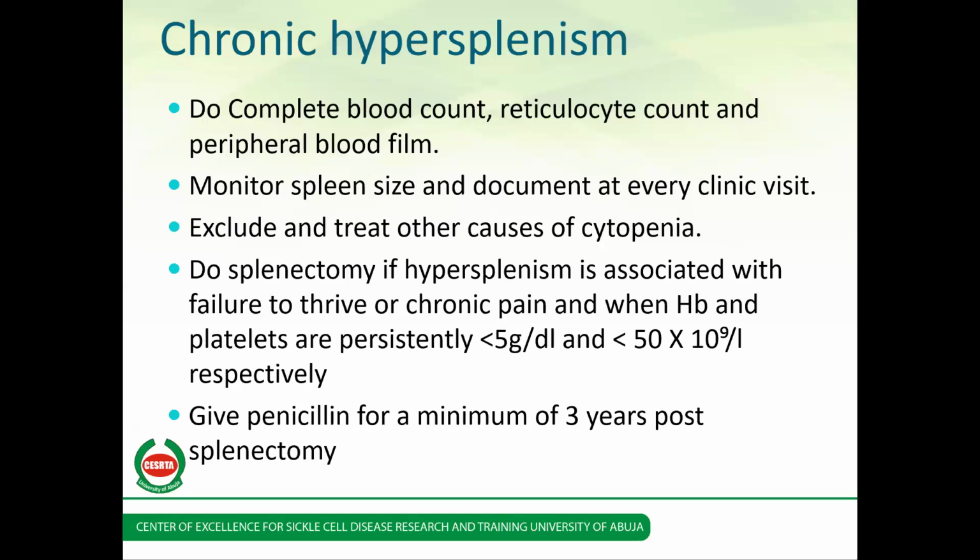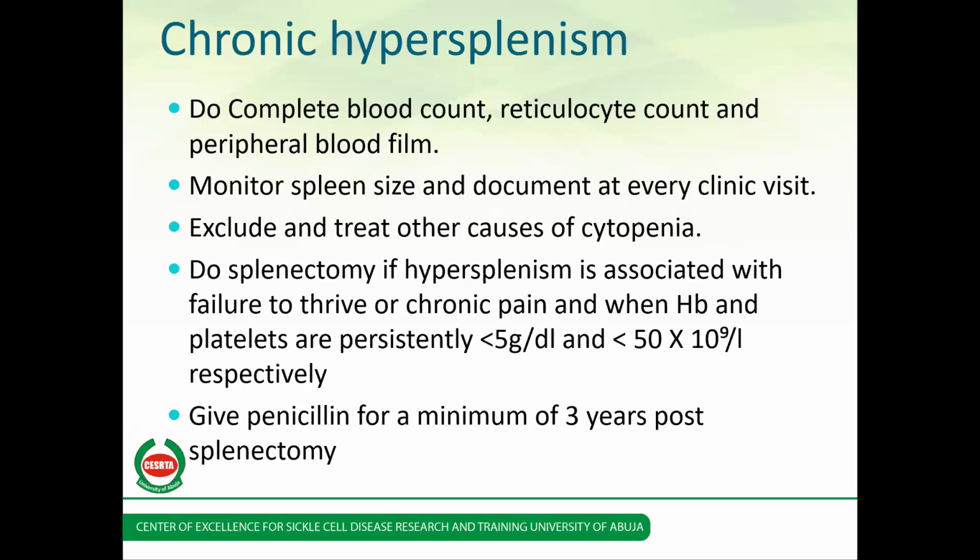So that is hypersplenism. And one of the ways to know that it is hypersplenism is when you do your reticulocyte count and the reticulocyte count is normal or even increased. We know that it is hypersplenism that is causing the cytopenias.